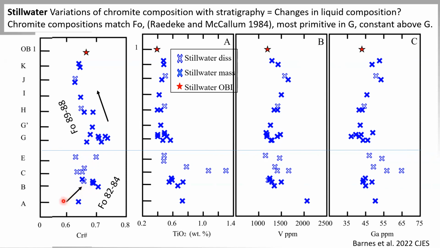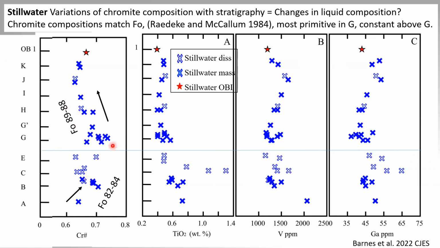Now, interestingly, at Stillwater, the layers below G have lower forsterite content than the layers above G. So the forsterite content of olivine is 82 to 84 here. The chrome number is going up a bit, but once we get to G, we get the highest chrome number. We also have the highest forsterite numbers here.